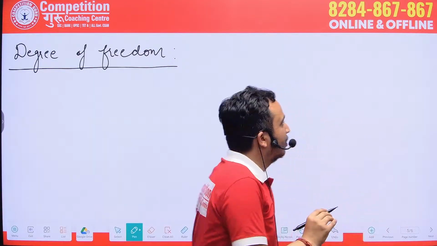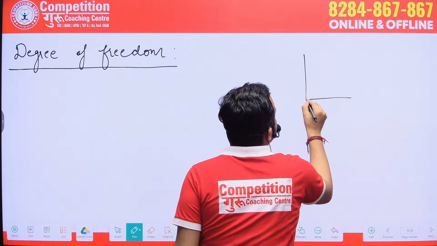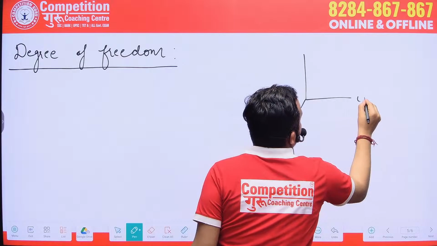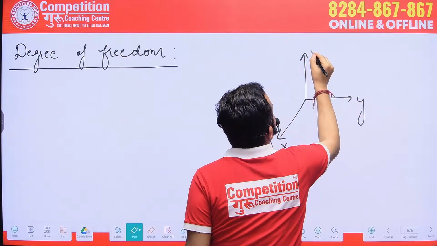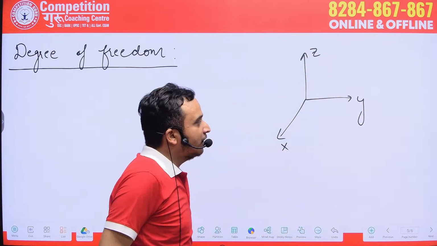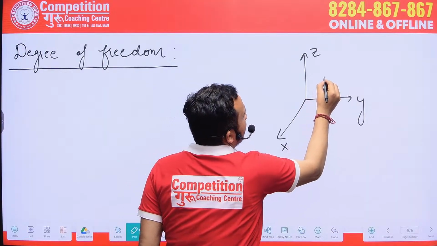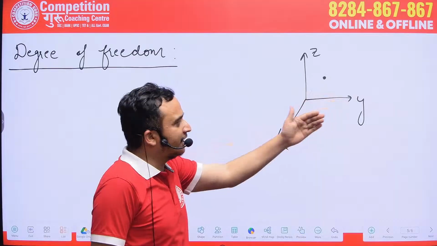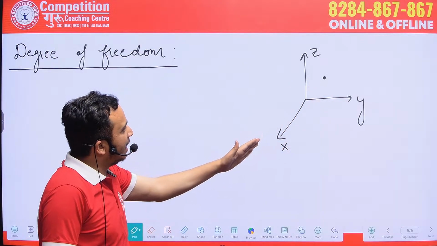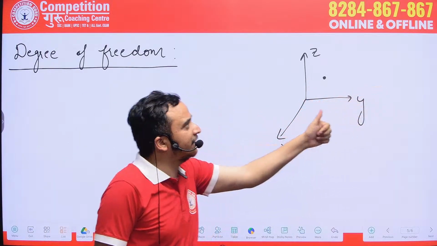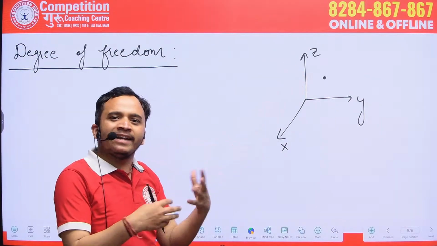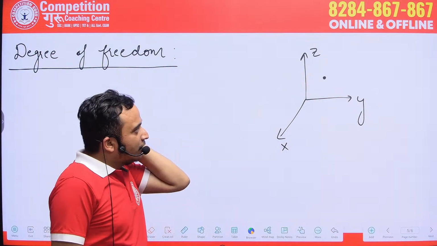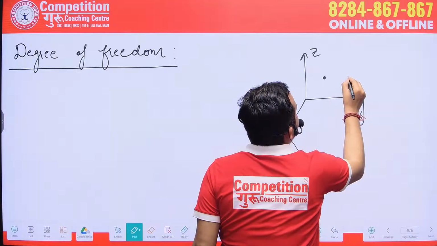For example, let us suppose this is x, y and z. If I have one particle here, it is free to move in any direction. It can move along the x axis, along the y axis, along the z axis, or any direction.